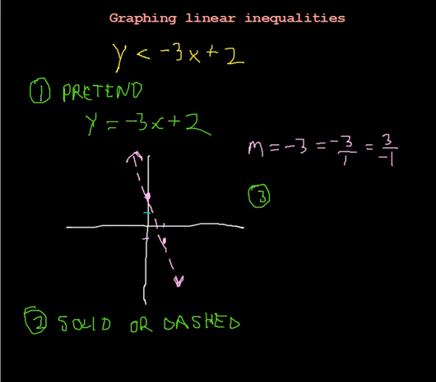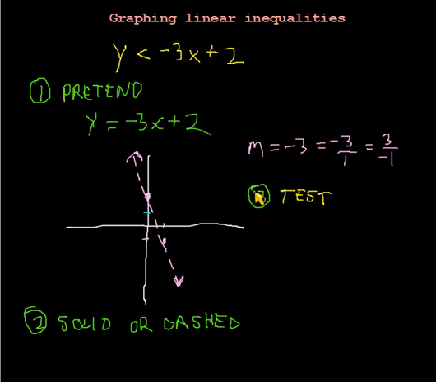We want to know where the solutions are. That's why we're graphing: we want to know what the possible solutions to this inequality are. Solutions mean ordered pairs of x and y. In other words, values of x and values of y that make this inequality a true statement. That's what we're looking for, and there's lots of them.